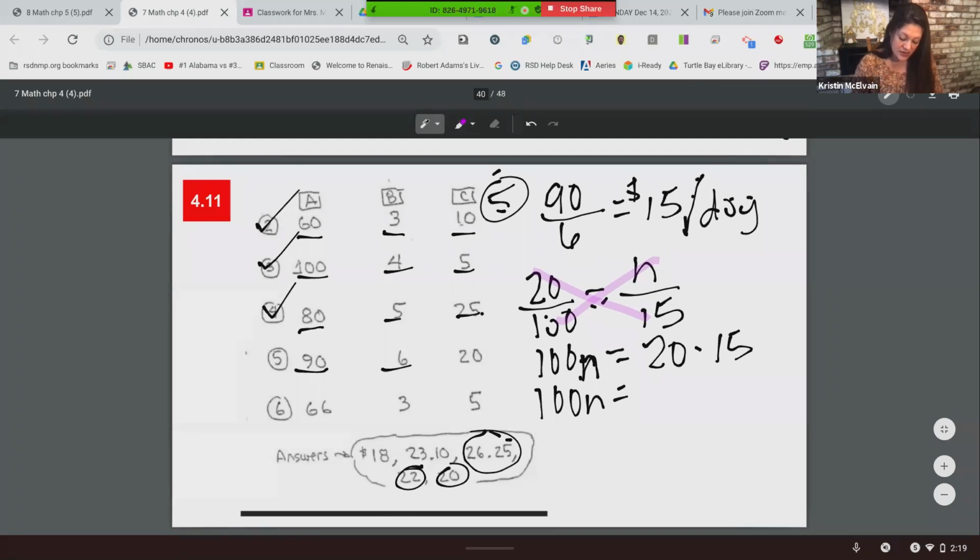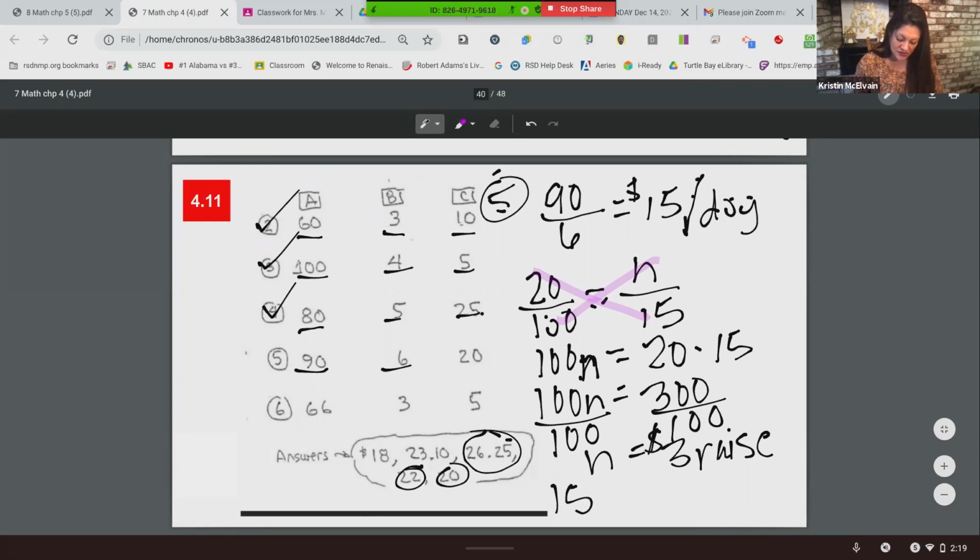It's 300. So he has a raise of $3. Added to his $15 a day gives him $18 per dog.